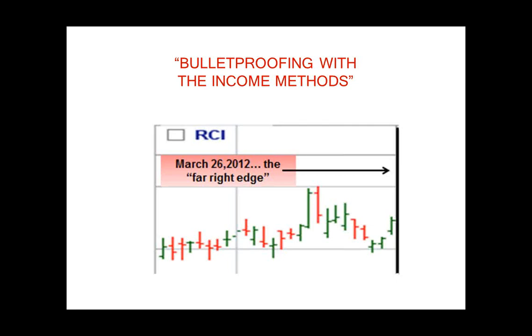But we're going to talk about how it might be possible for somebody without Ravi's wonderful benefit of being able to buy the stock at a low price to perhaps limit risk, maybe even bulletproof the stock to where you can't get hurt.